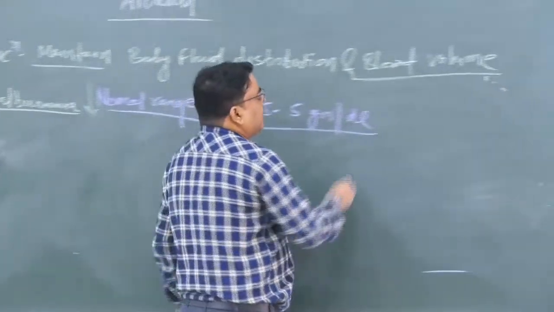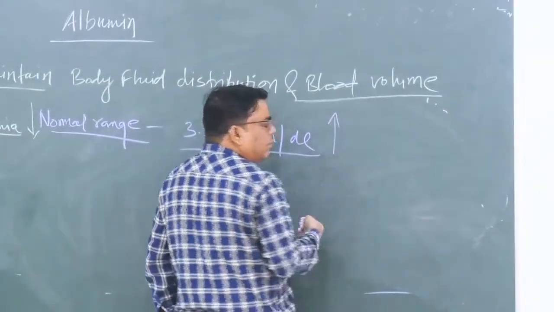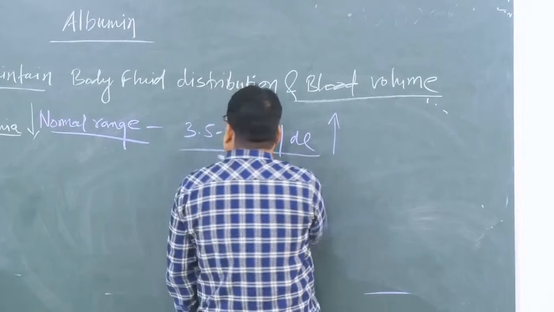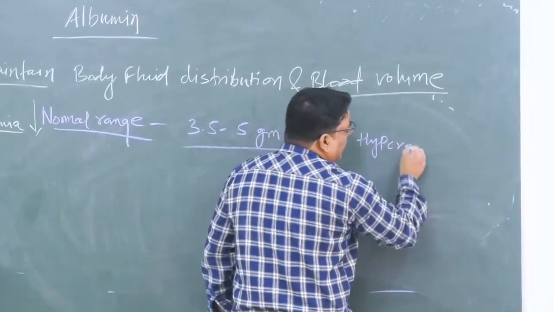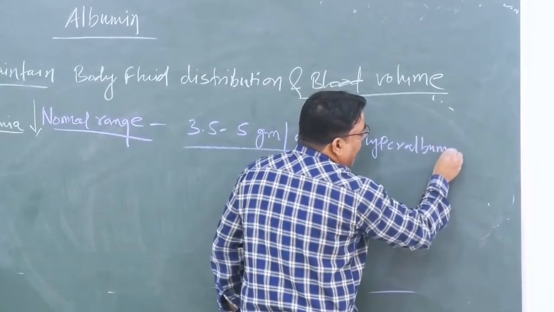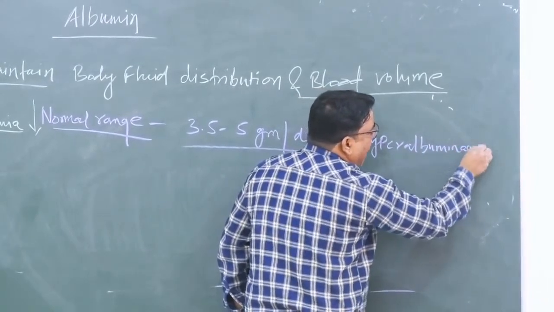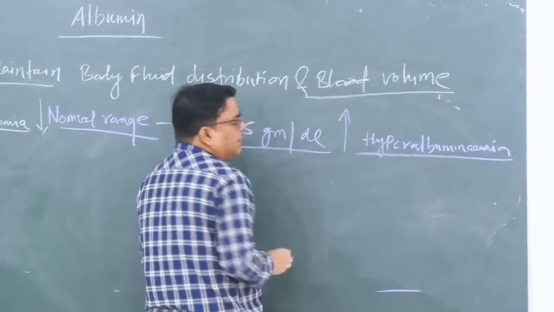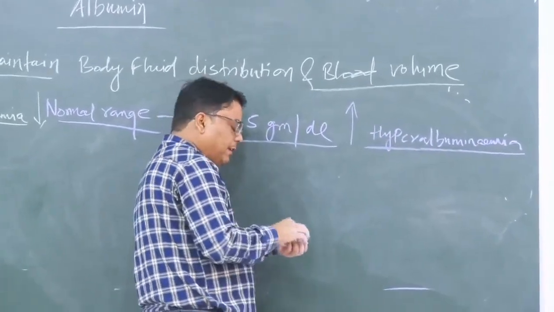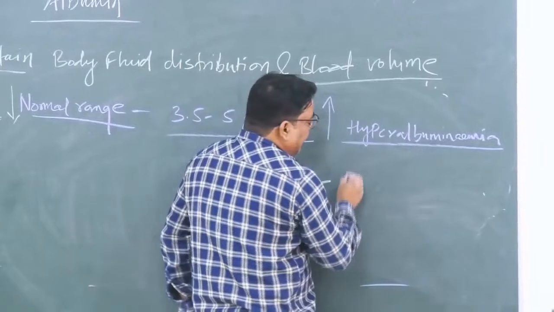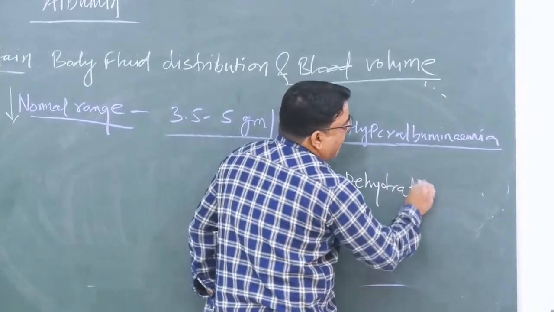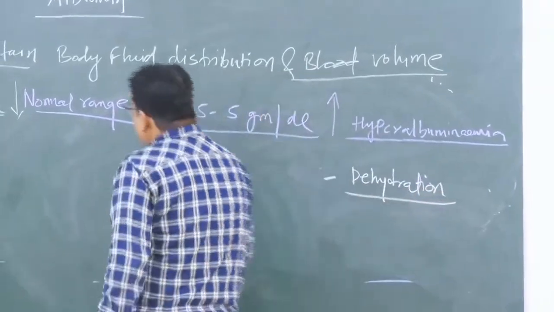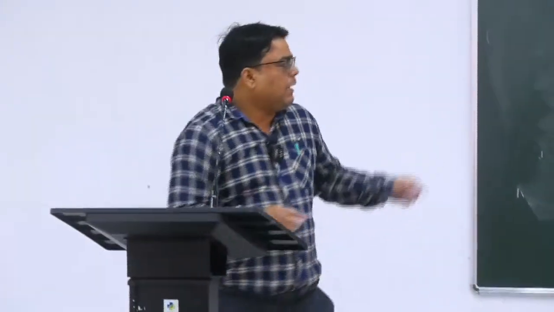And sometimes a person also has a high level of albumin, we call it hyperalbuminemia, but it does not majorly happen. It is a very serious condition. Hyperalbuminemia is majorly in the case of dehydration.